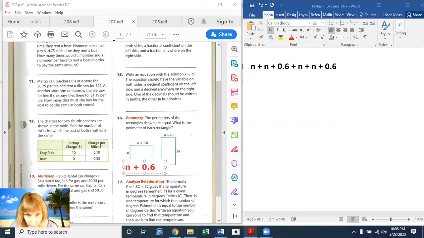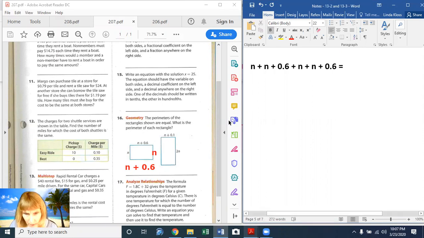And I also know that this side is n. Opposite sides are the same length for a rectangle. So I just took all the way around the rectangle and added them all together in one big long line. And I need to set that equal because the perimeters are equal of both shapes.